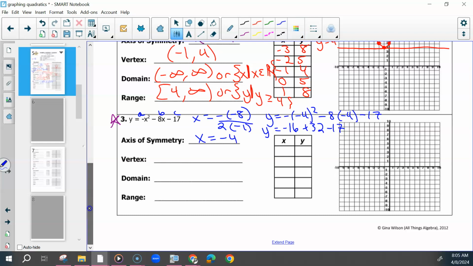We'll check that. Is that what you said? Okay, so our vertex is -4, -1.